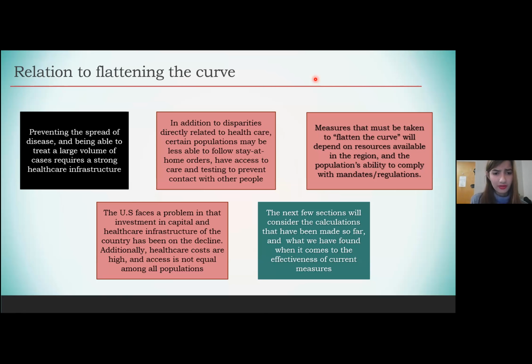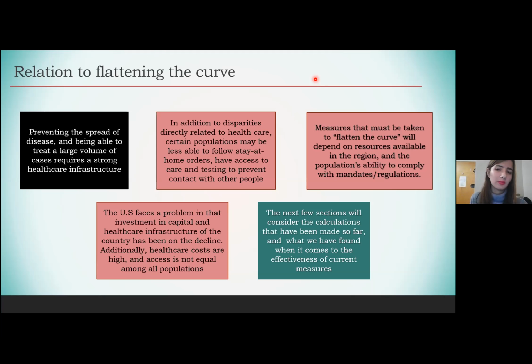And healthcare costs are really high, and they're just not equal among all populations. And in addition to disparities related directly to healthcare, certain populations may be less able to follow stay-at-home orders or have access to care and testing, and so it makes it difficult to prevent the spread of disease.